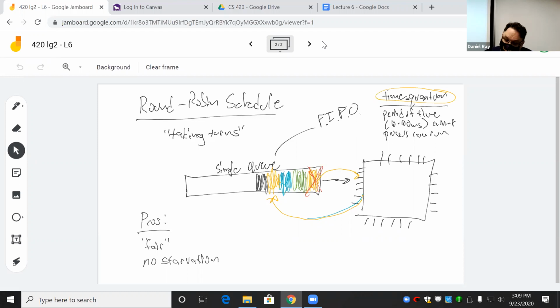Because everybody gets the same access to the processor, we're guaranteed that no processes are going to become starved. They're all treated equally. Is that good? No, we've already kind of talked about this notion.